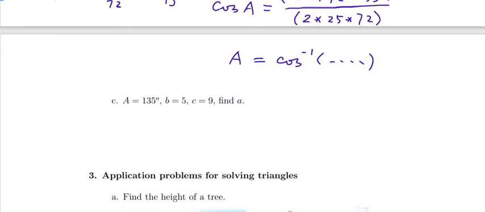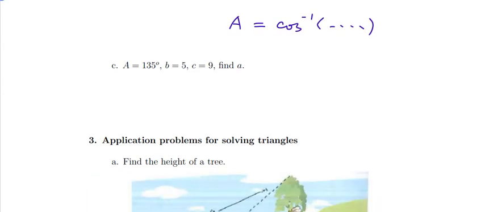So how about this one? For this one, we don't know which law to use. So at first we just sketch this triangle. We say okay, A, B, C. This angle is 135 degrees.